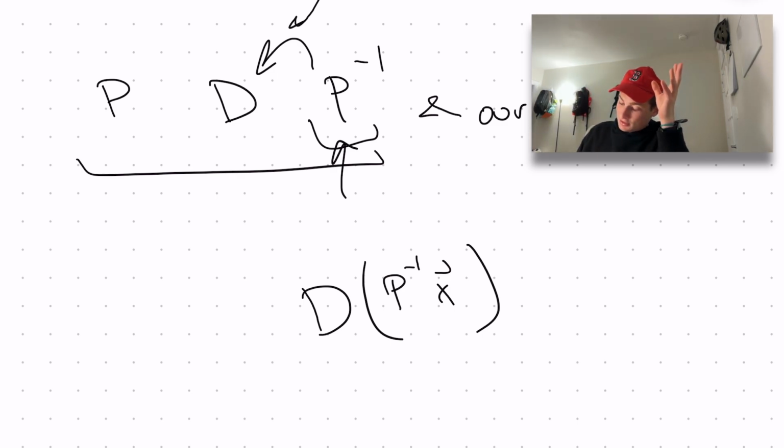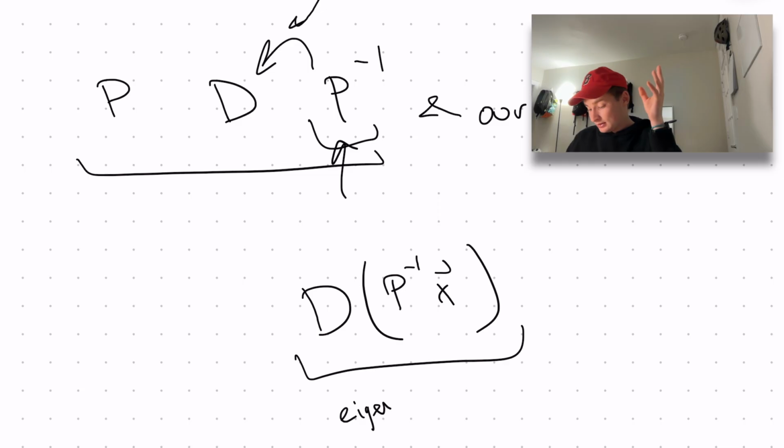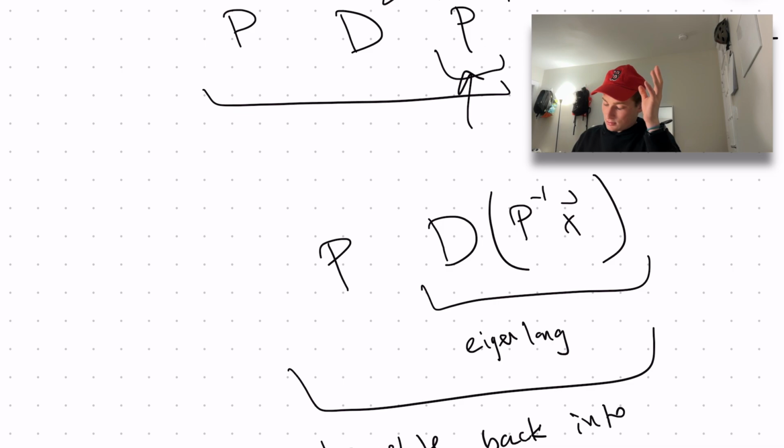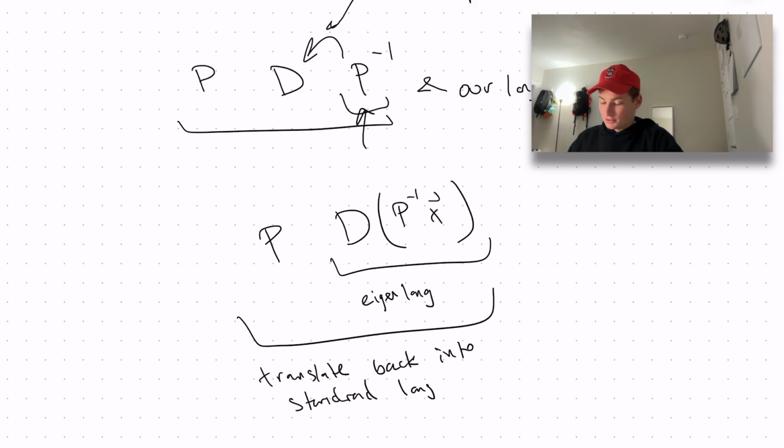At this time we're in the eigenlanguage, or the eigenbasis, eigenlang. Then it's a super easy transformation, and then P will translate back into standard language, just like we talked about before with the change of basis matrix.